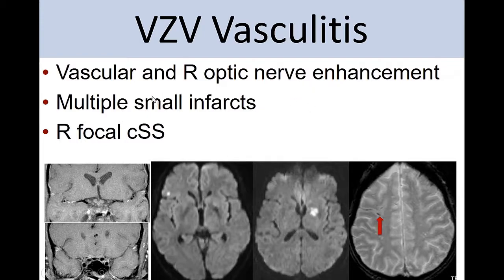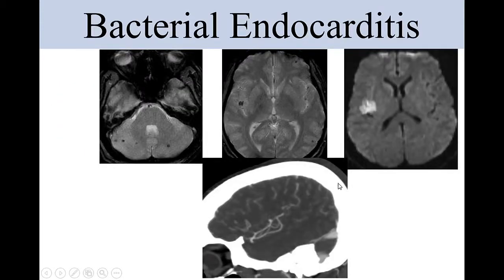Now, 2 or 3 more cases where microhemorrhages have been described, like here vasculitis, obviously not only discitis vasculitis. You see here enhancement in the region of the right optic nerve, and you see here microhemorrhages, infarction, a microhemorrhage here. So bacterial endocarditis could be seen on SWI images.